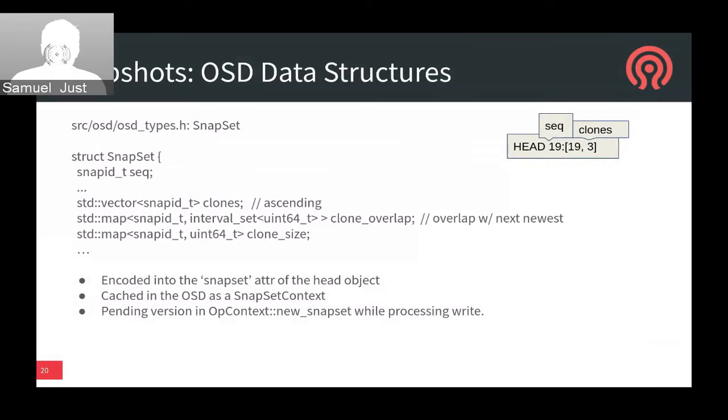Within the OSD, we have these OSD level data structures. Attached to each head object is a SnapSet, consisting of a bunch of fields, but the most important ones here are the snapid_t seq, which is the highest snap sequence that object has seen, and the clones vector, which is this 19, 3 thing.